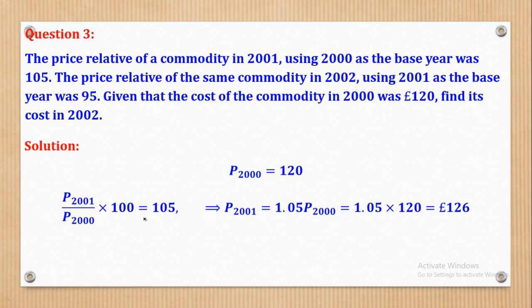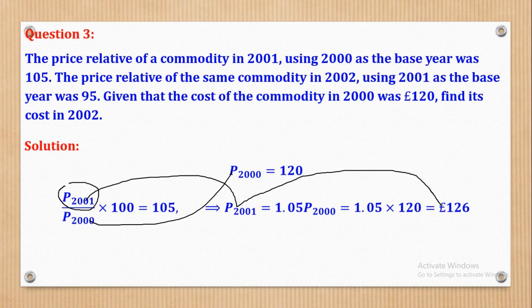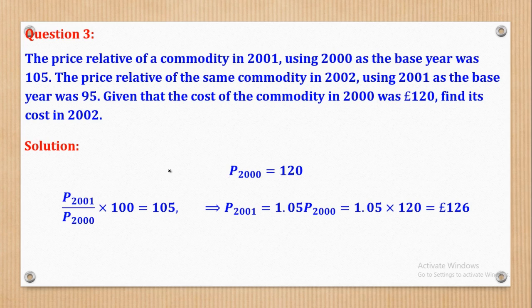But the good thing, I know the price of 2000, so I will substitute and make this the subject. When I make it the subject, I'll come up with 126 pounds as the price in 2001. But that is not all, because they want the cost in 2002.